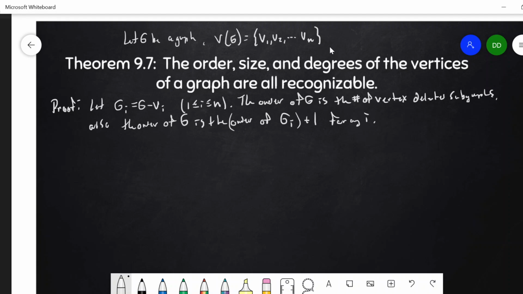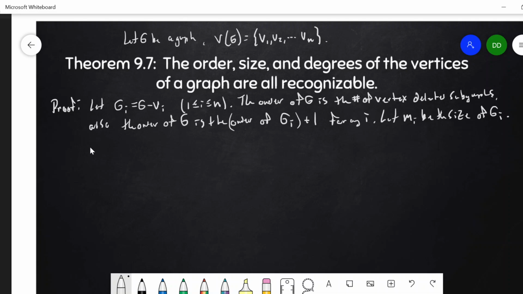Okay, I'm also going to let m sub i be the size of each G sub i for each i. So, order is easy to determine. What about the size?